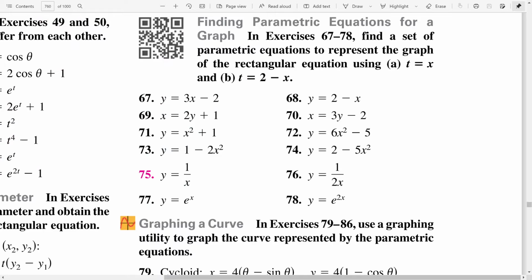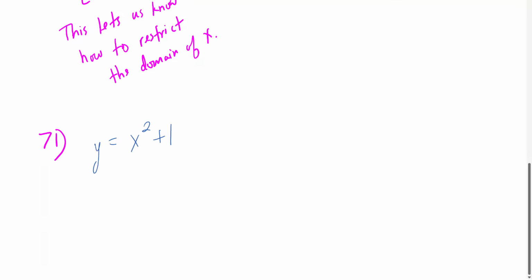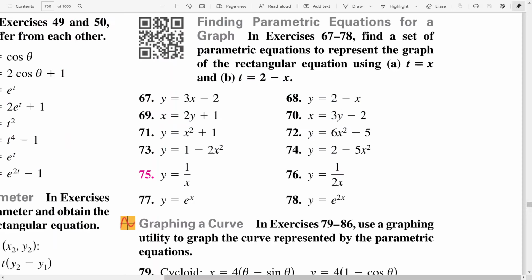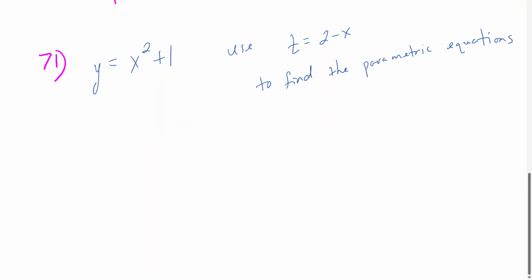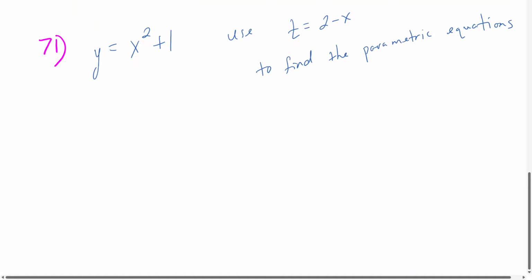X squared plus 1, we're going to do part B. So they want us to use t is equal to 2 minus x. Okay, so to find the x equation, parametric equation, we just solve for x.